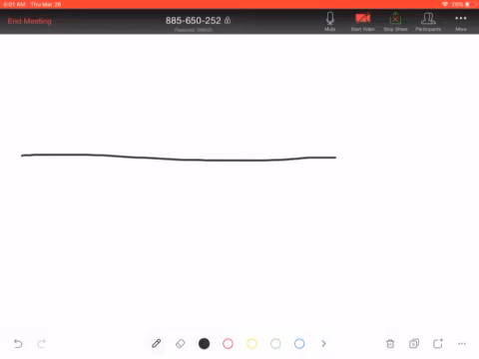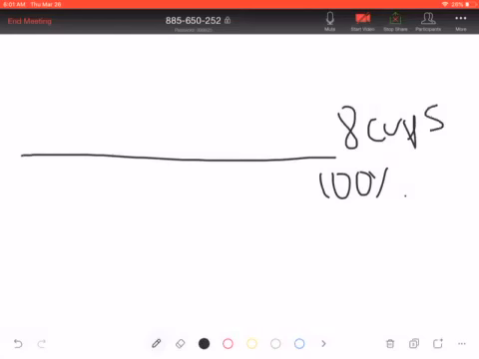You can set up like a percent ruler if you want. So here's 100%. Right? We know that if we set up something like this, the whole thing is 8 cups. Right?